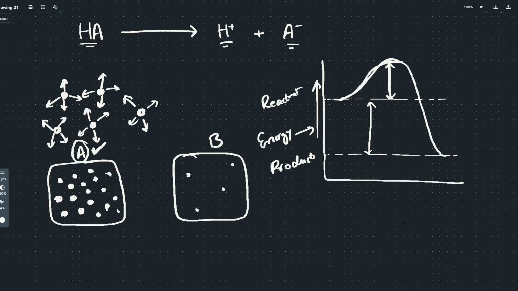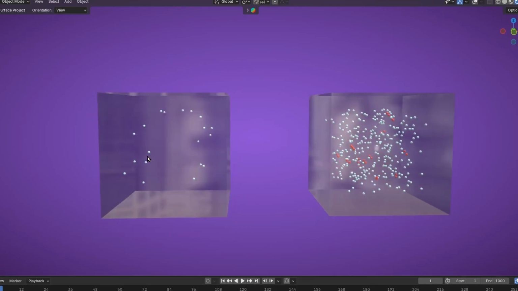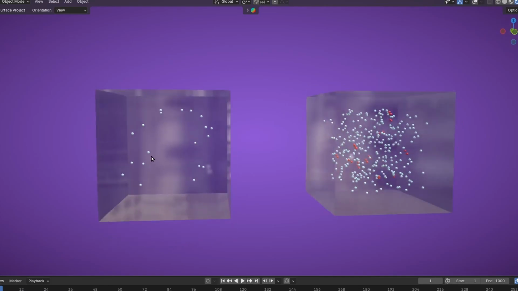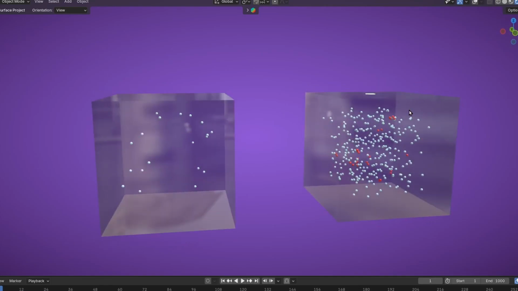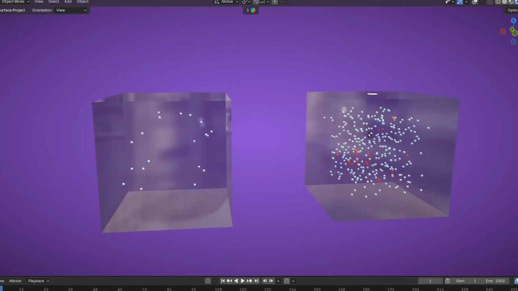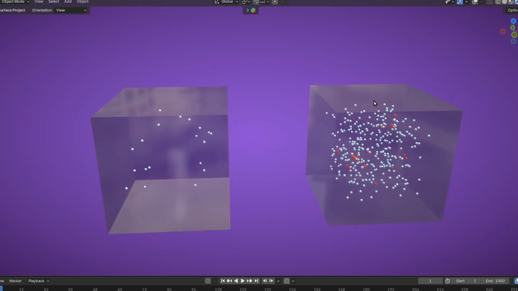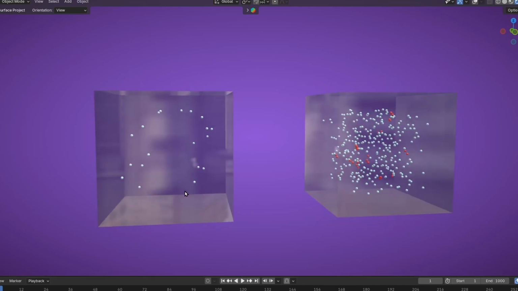Now, to understand this more visually and more logically, I have created a simulation in Blender using geometry nodes. Here you can see we have this container in which the concentration is very low, and here the concentration is very high. You can see some of the reactants are already so close to each other that they have collided and got energized.